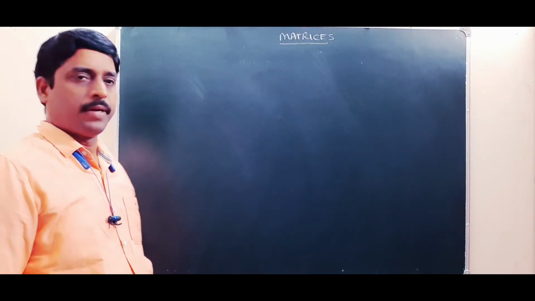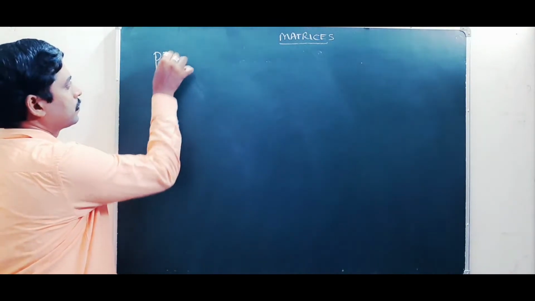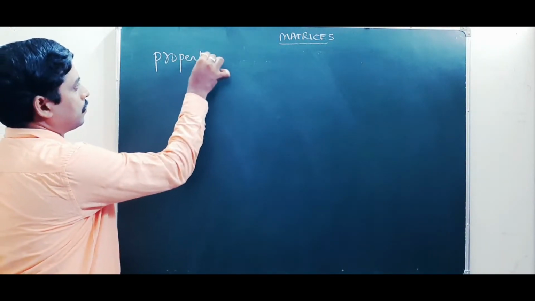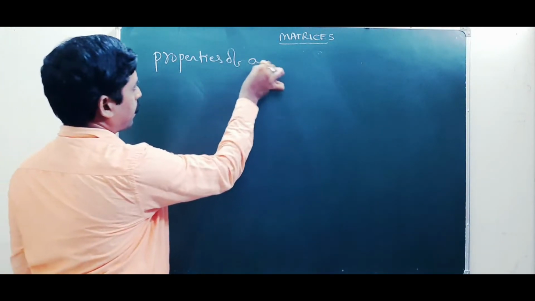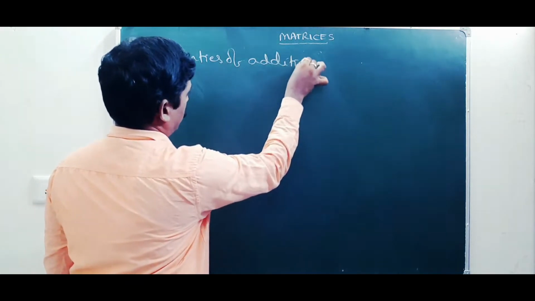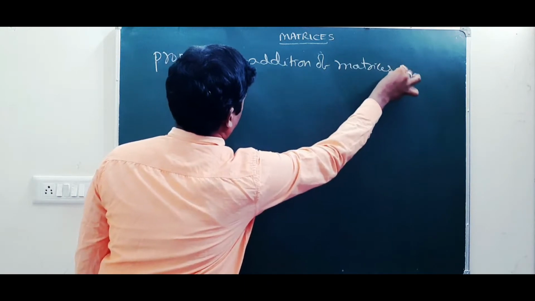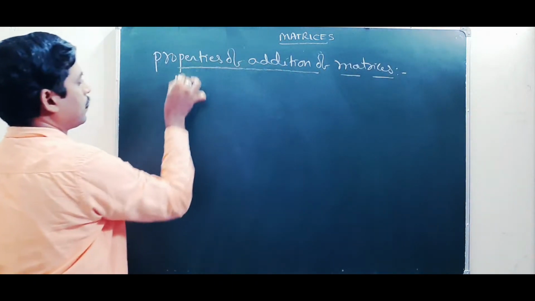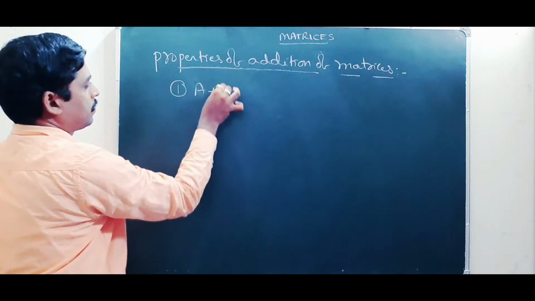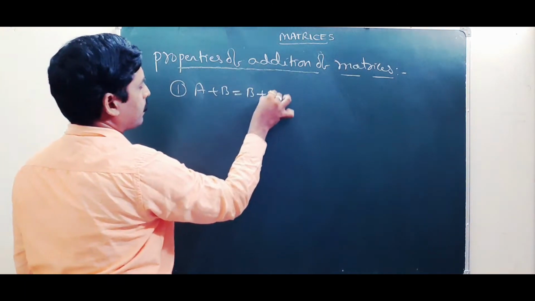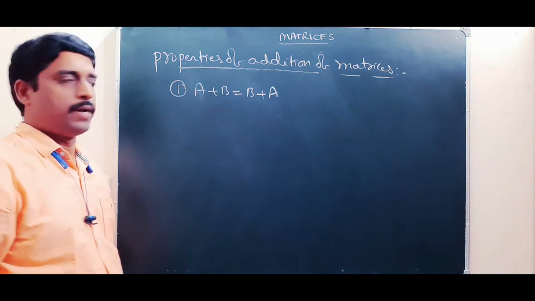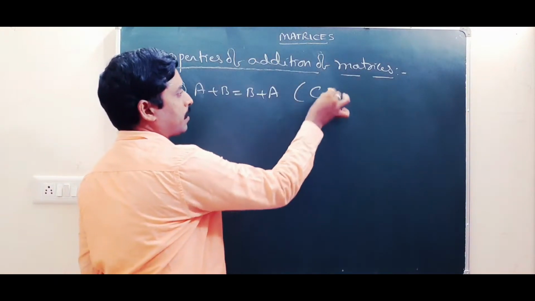Now the important properties of addition of matrices. First, A plus B equals B plus A, so addition of matrices satisfies the commutative property.